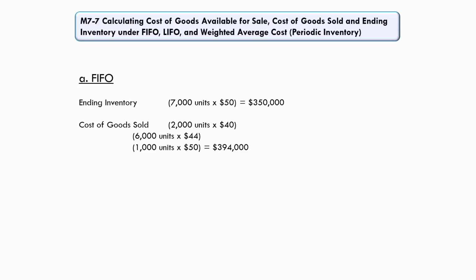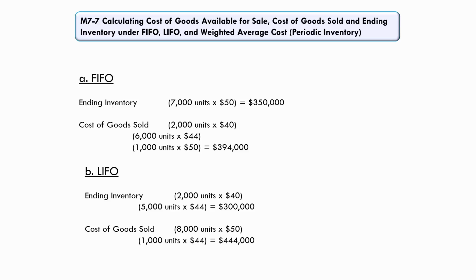And ending inventory will then become the last stuff which you have. When you do this under LIFO, your cost of goods sold is going to be coming from the bottom, or it's going to be coming from the last merchandise which you purchased, and then you're going to work your way up to get the numbers. So I want you to try to work through the problem and see if you can come up with those numbers.